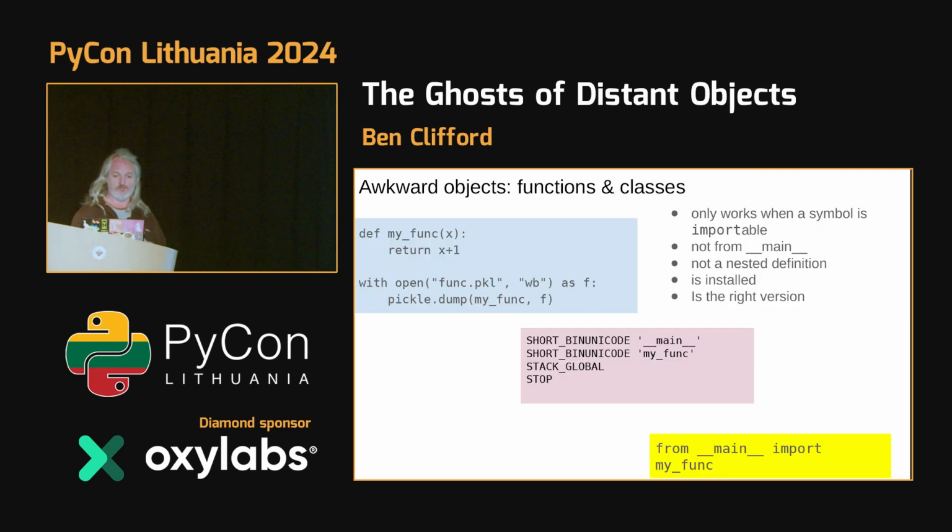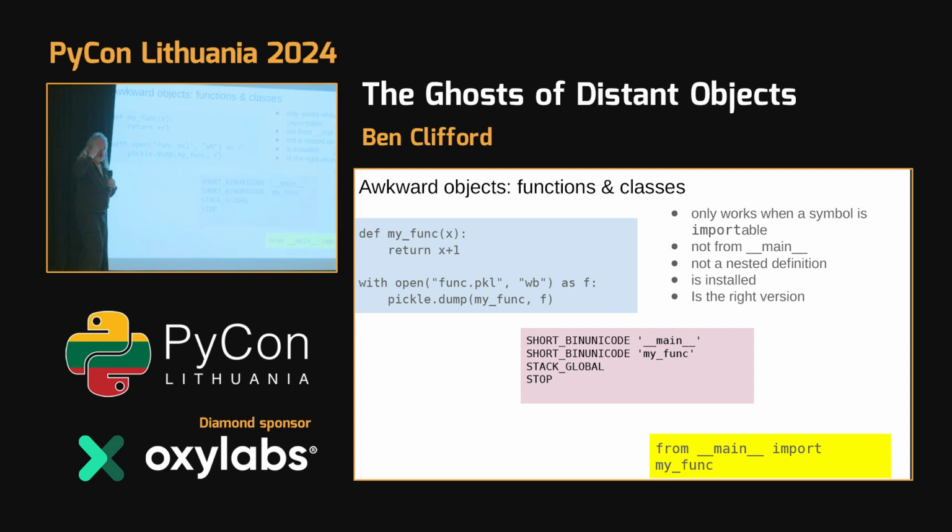What else? Okay, functions and classes. Depending on what your head thinks about computer science, you might very strongly think, of course, you should be able to pickle a function or a class definition. You might think, of course, it doesn't make any sense at all. What happens with pickle if I define a function and then dump it into a pickle file, the assembly code you end up with is this.